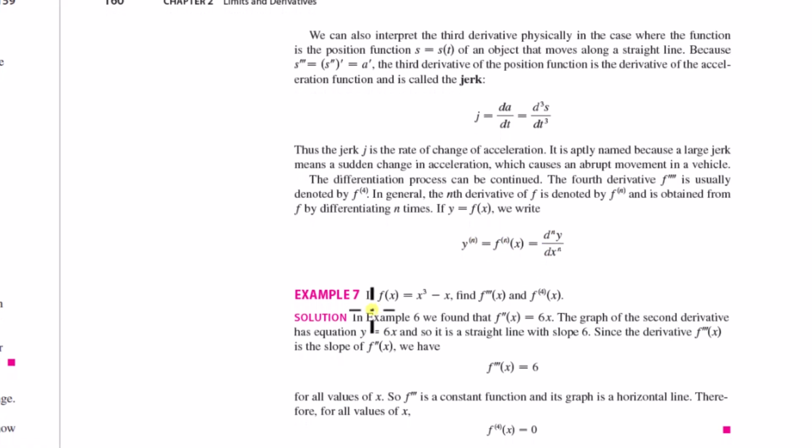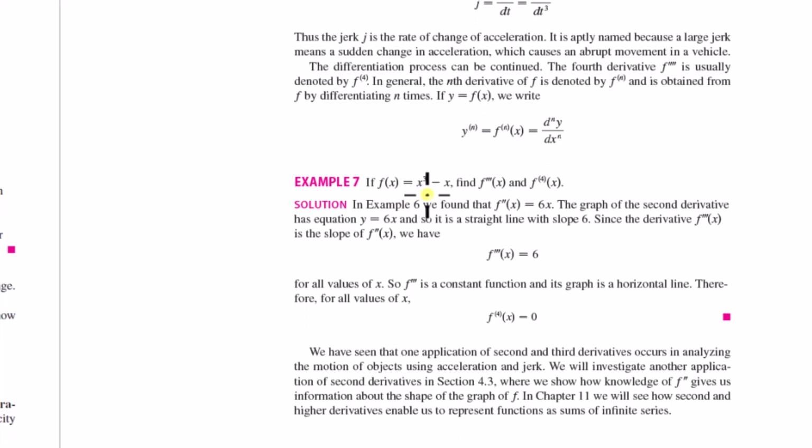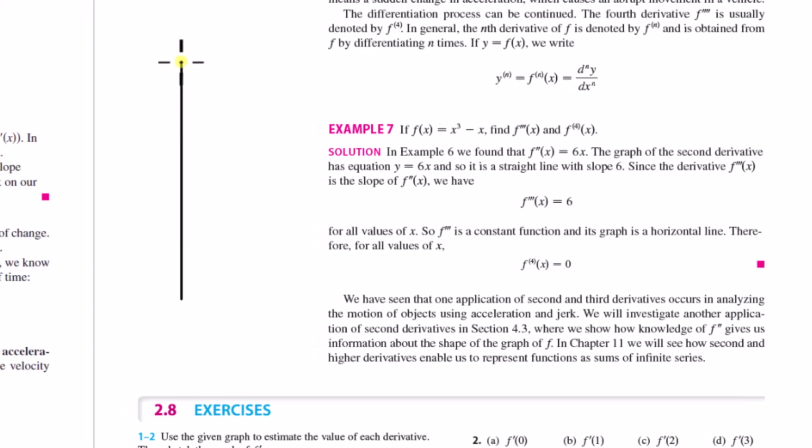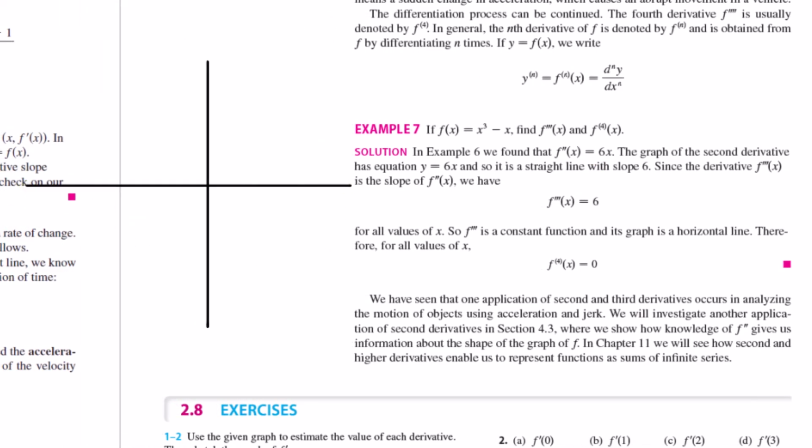Okay, so here's the function x cubed minus x, now let's find the fourth derivative. We found the second derivative in the previous example of x cubed minus x to be 6x. So we've got the line 6x. What's the third derivative of x cubed minus x going to be?